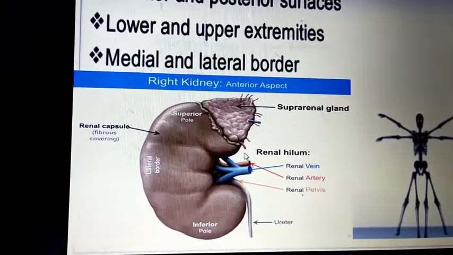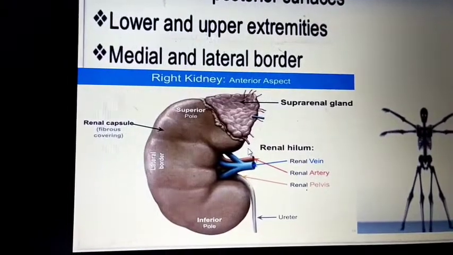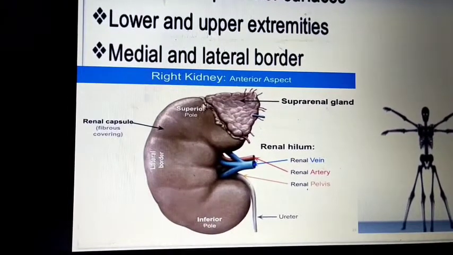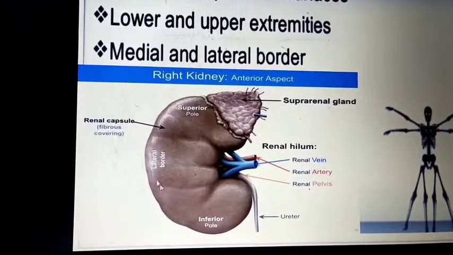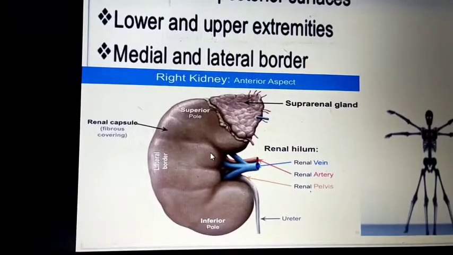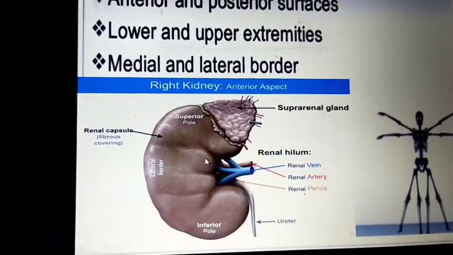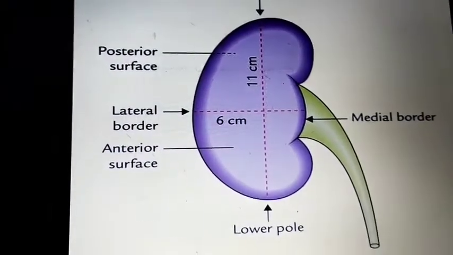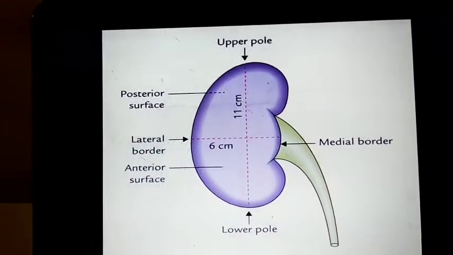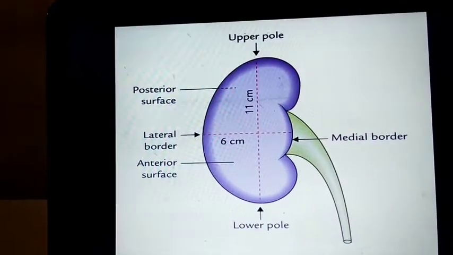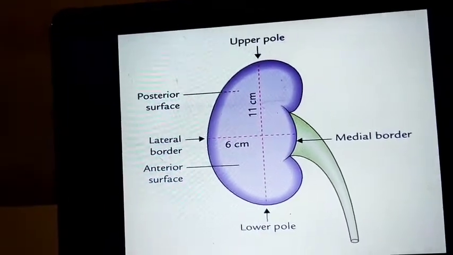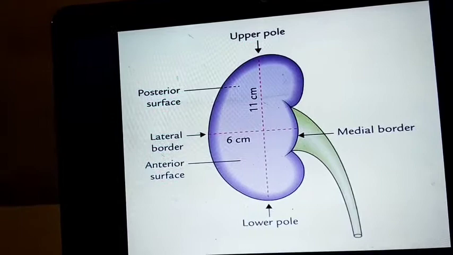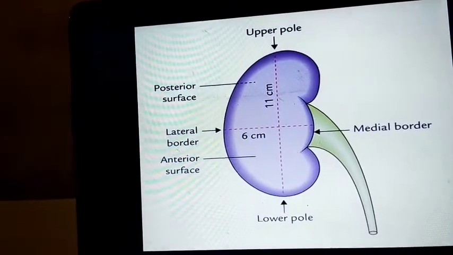The medial border is shorter than the lateral border. Here you can see the posterior surface, lateral border, lower pole, upper pole or superior extremity and inferior extremity.